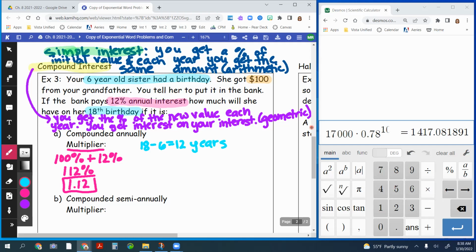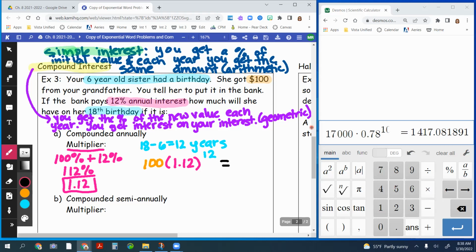Okay, so every one of these she's going to have for 12 years because 18 minus 6. So we're going to start with the initial value, which is $100. We're going to times it by the multiplier, which is 1.12. And we're going to raise it to the power 12 because she's going to have it for 12 years.